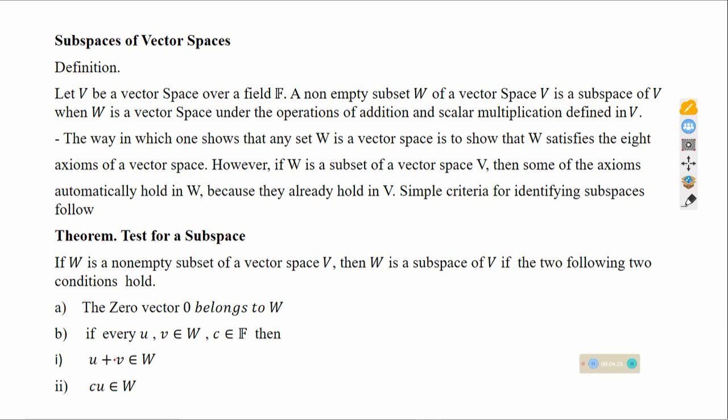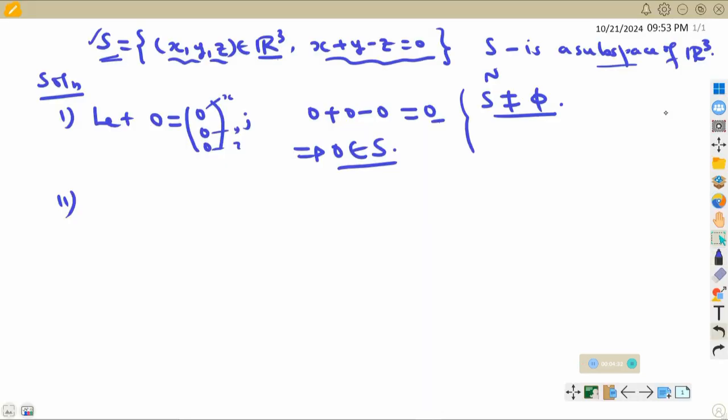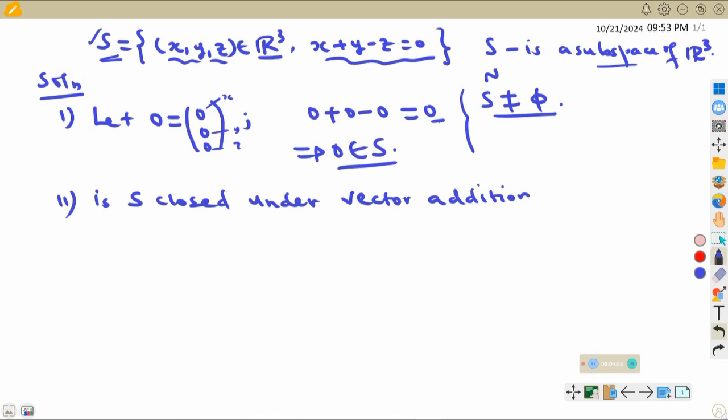So let us look at the one for closure under addition. For condition number 2, we need to show: is S closed under vector addition? This is what we need to prove.